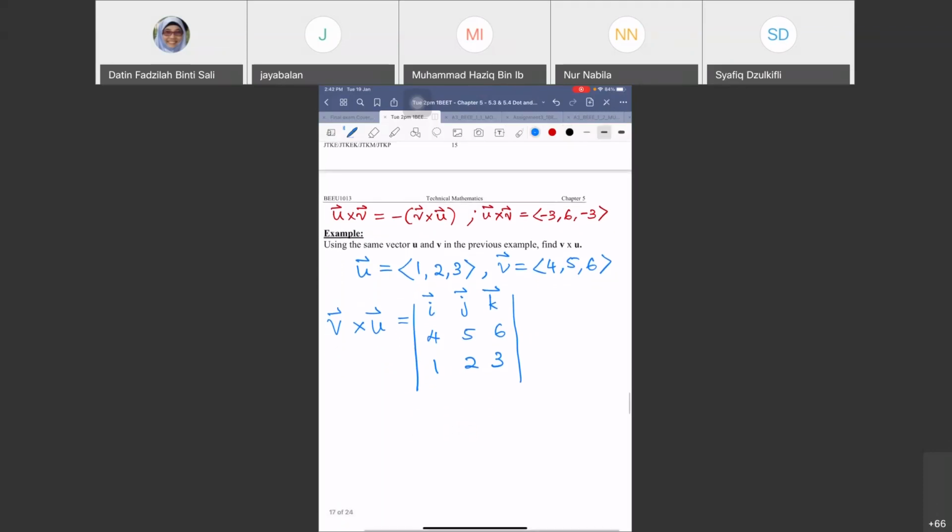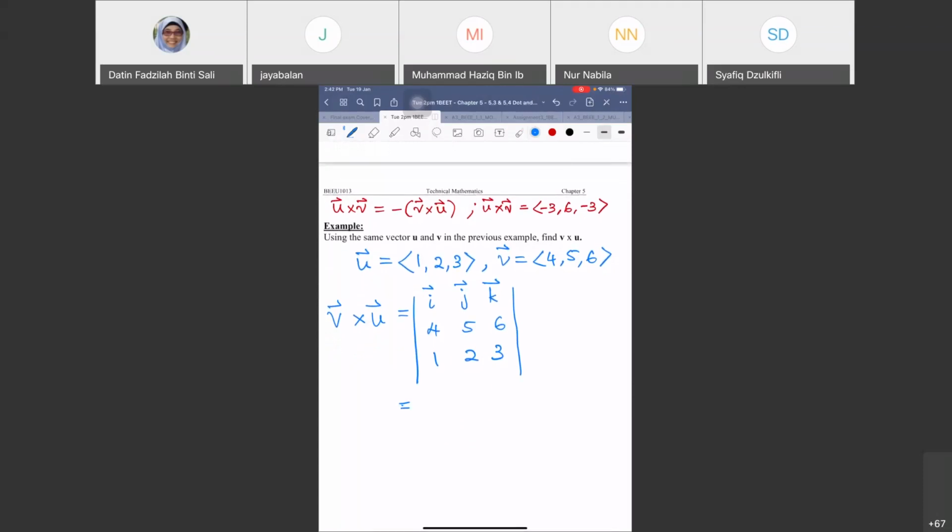The next step is you start finding your determinant of 2 by 2. For your positive I component, you delete your vector I column.